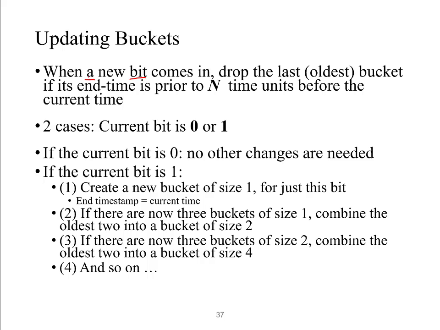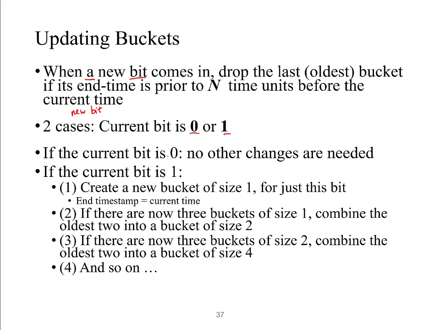If that happens, we will drop it. And for the new bit, there are two cases. It is either 0 or 1. If the current bit is 0, then you don't need to do anything because we don't care about 0. We only want to count how many ones are in the window.